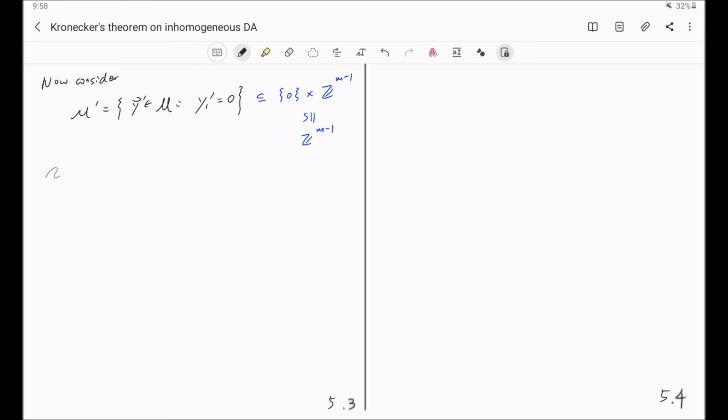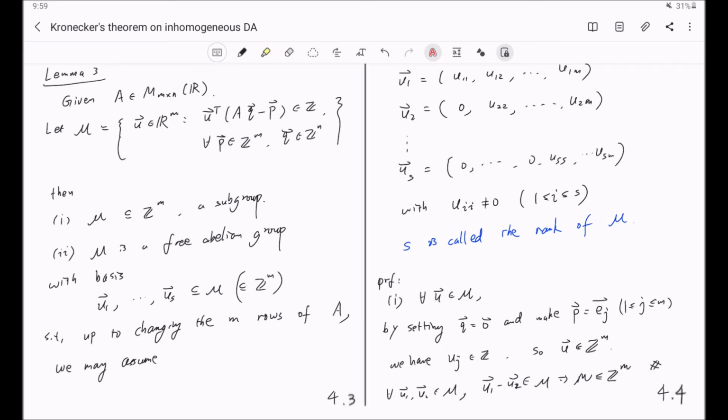So now we apply the induction hypothesis to this M prime, which is considered as a subgroup of Z^(m-1). Remember I said we are going to use the induction on this integer m. And by induction hypothesis, we assumed that the statement number 2 of our lemma 3 is already proved for m minus 1 or less.